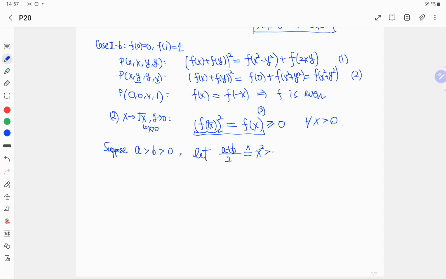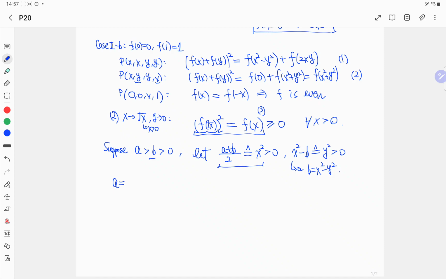So this is greater than 0. And then we also define that this average value minus this smallest number b should also be a positive number, and we define it to be y squared, which is greater than 0. Okay, so which means that we can have b equals x squared minus y squared.